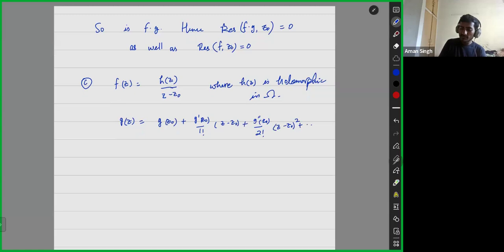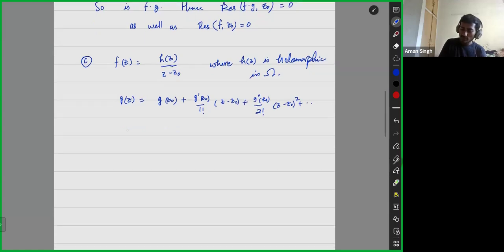Let's write for f(z) also. So f(z) can be written as, but there will be some issues. It will be something, let's say, a naught divided by z minus z naught, plus a1, plus a2 (z minus z naught), and so on.